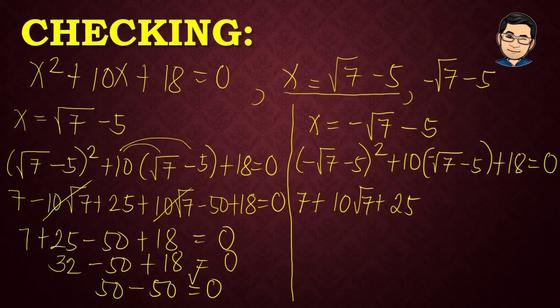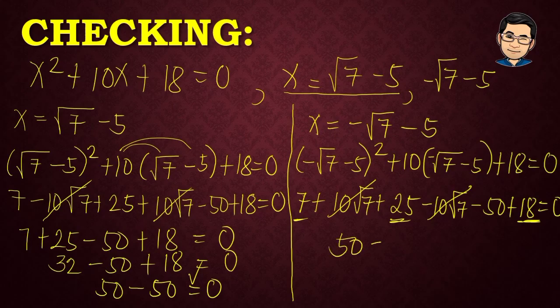And then 10 times negative square root of 7, negative 10 square root of 7. 10 times negative 5, negative 50, plus 18 equals 0. And then, the terms with radicals will cancel. Same as before. 7 plus 25 plus 18. So, let's shortcut to be faster. 50 minus 50 equals 0. So, 0 equals 0 too. So, our roots above are correct.